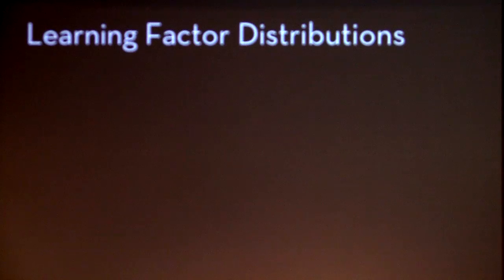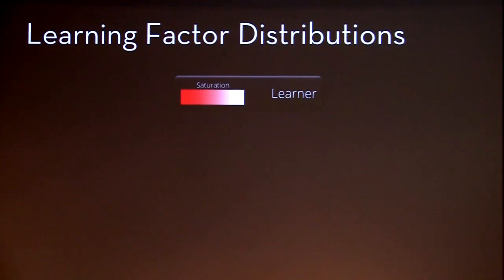Okay, so how can we learn this kind of probability distribution from our examples and then use it to score color assignments? By way of example, suppose we're trying to learn the distributions over saturation.